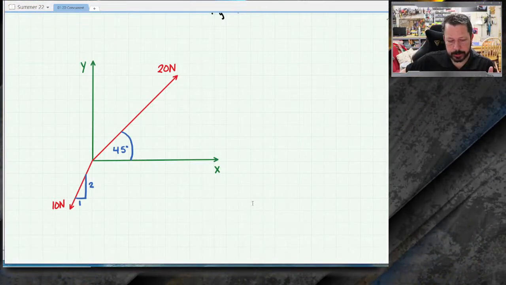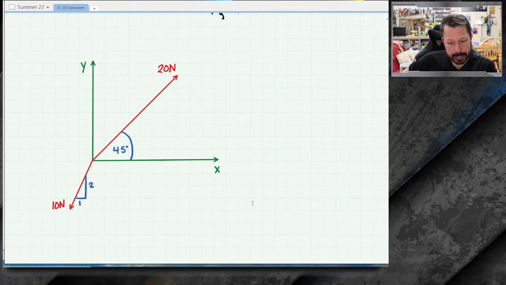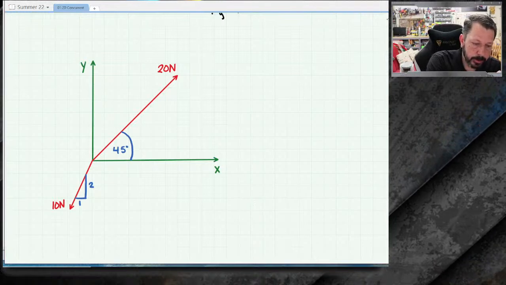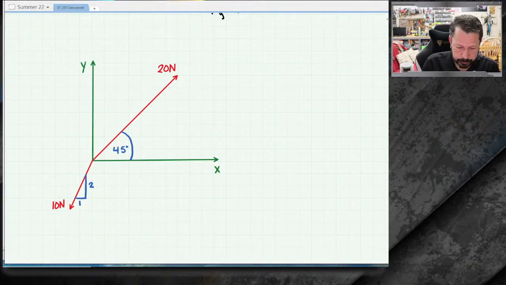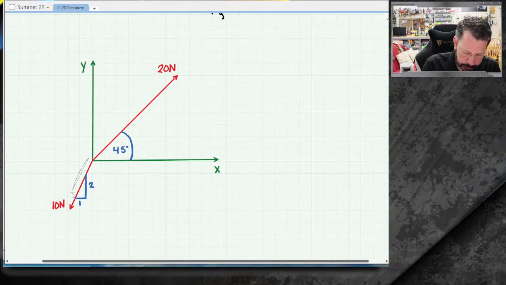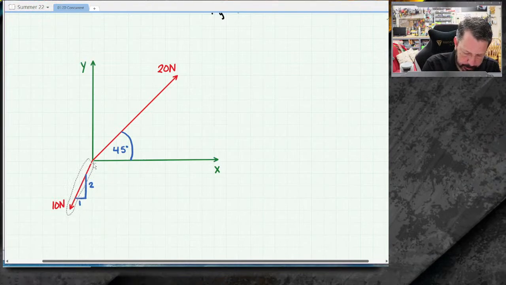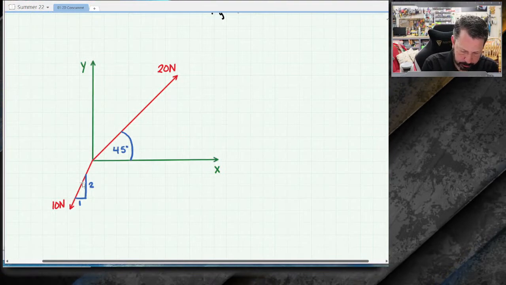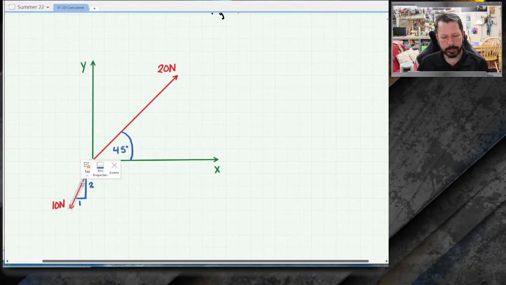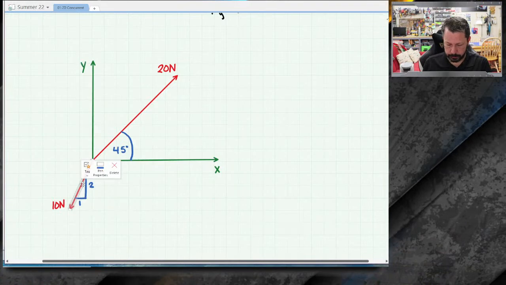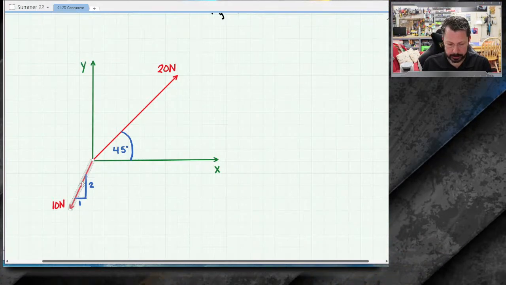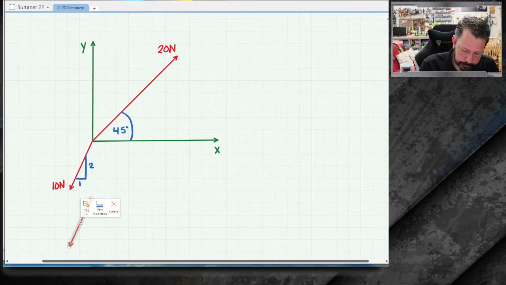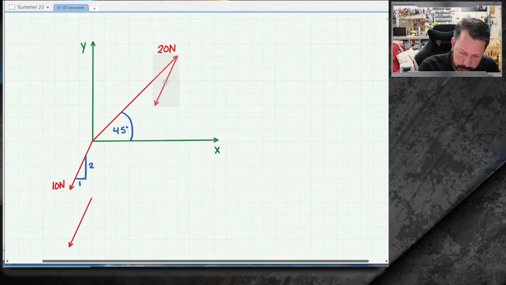So one thing you can do, again, if you draw these accurately, is what's called the Parallelogram Rule. We could just copy this 10 Newton force and paste it, and then put it up here.